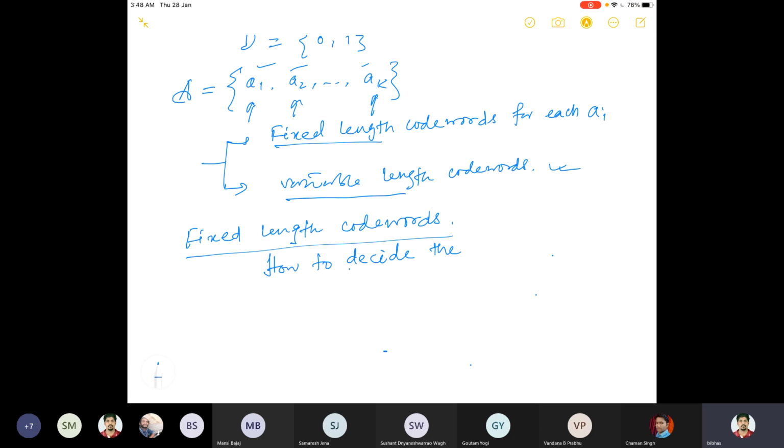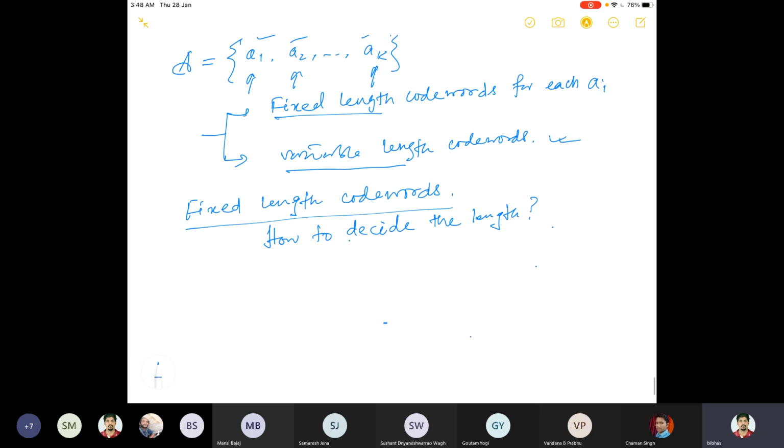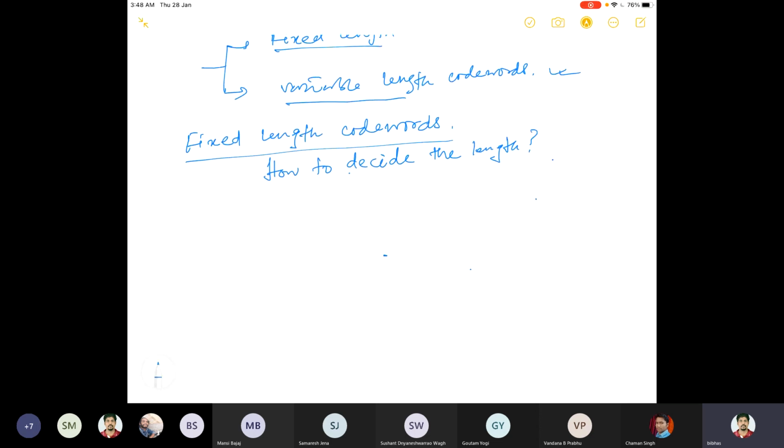If this length is fixed, how do we decide it? What should the length be? This is a bigger question. Even if we decide to generate fixed length code words, which have practical applications in a sense, we'll talk about that a little later. First of all, the question is how to decide the fixed length, so that each code word has this particular length.